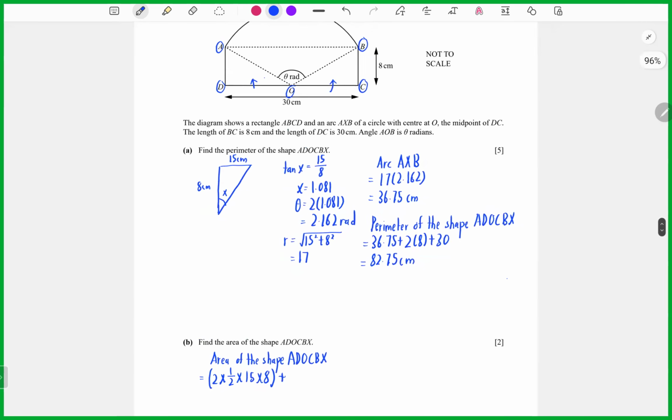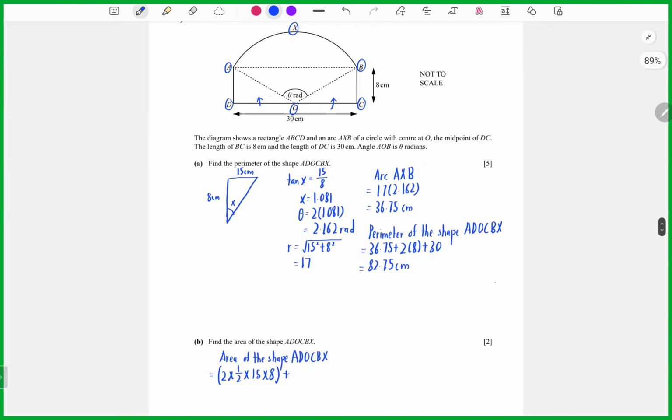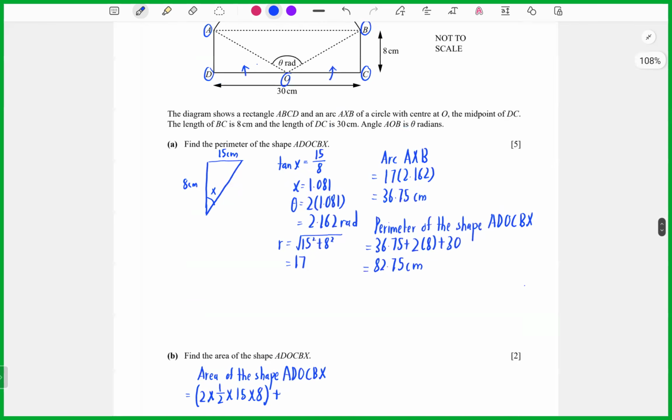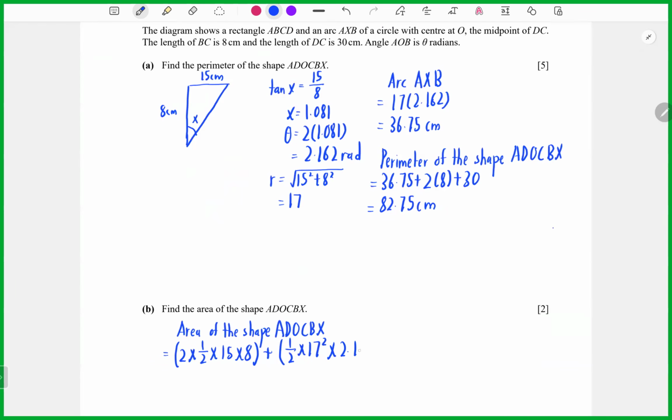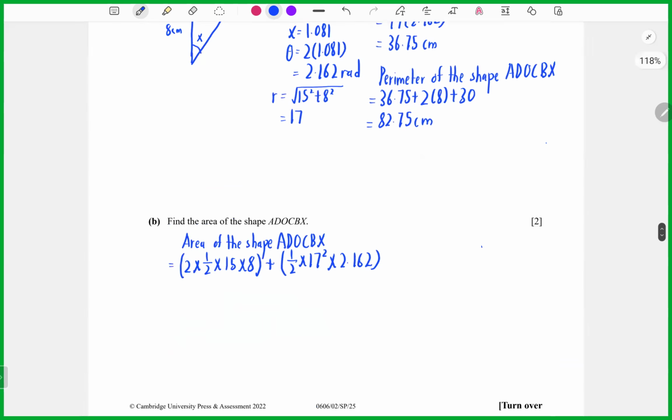So we take 1/2 multiplied by 17 squared and then multiplied by 2.162. So you will get your answer.